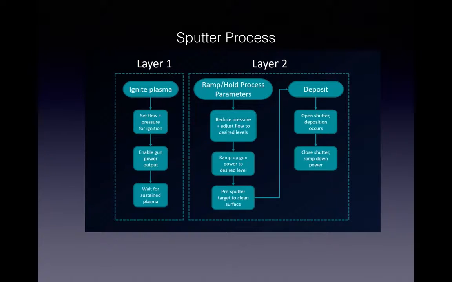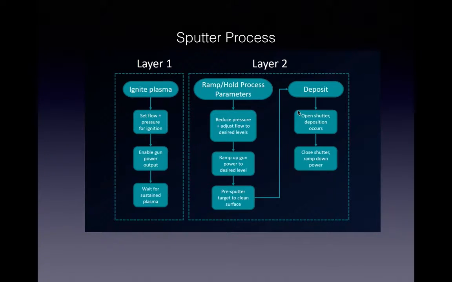And then the actual process starts in layer 2, where, after changing the ramp and whole process parameters, you can reduce pressure and adjust flow to the desired level, and then slowly ramp up gun power to the desired level, and then usually pre-sputter the target to clean the surface. That will usually take a couple of minutes.